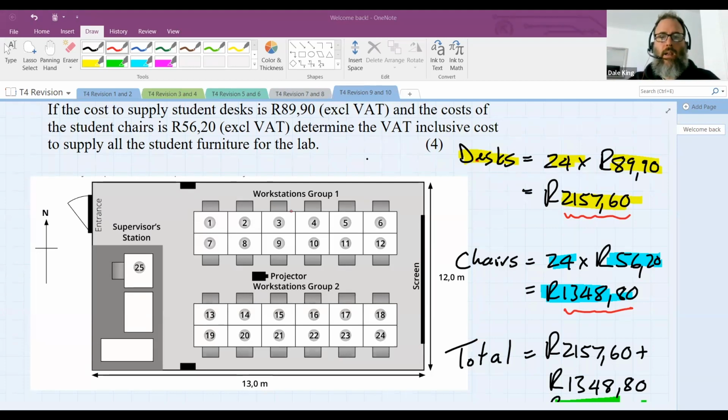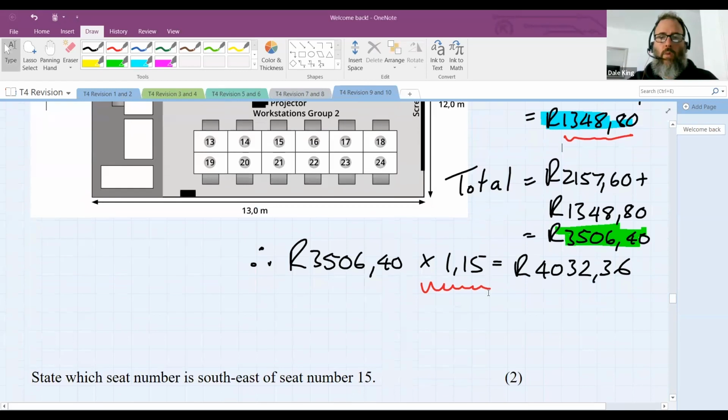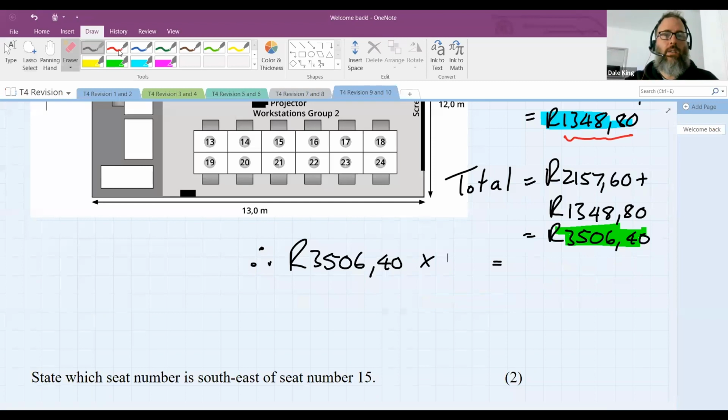Now, I don't know if you mean when we work out VAT and then add it on, in which case we'll remove that. In fact, let's do it like this. So the two-step process is like this. We take our total and then multiply by 15%. And this will give us the VAT portion only. So it's going to be 3506.4 times 15 over 100.